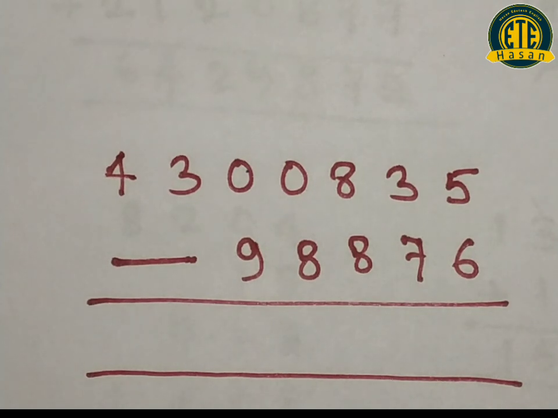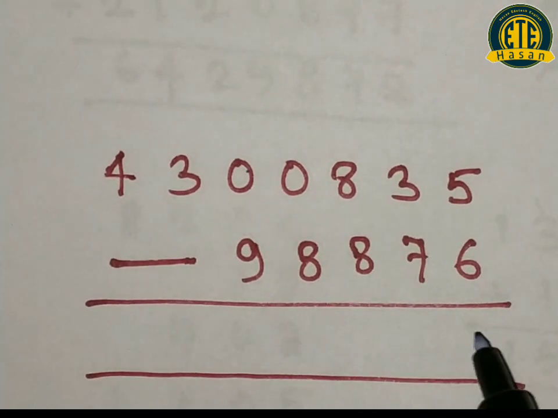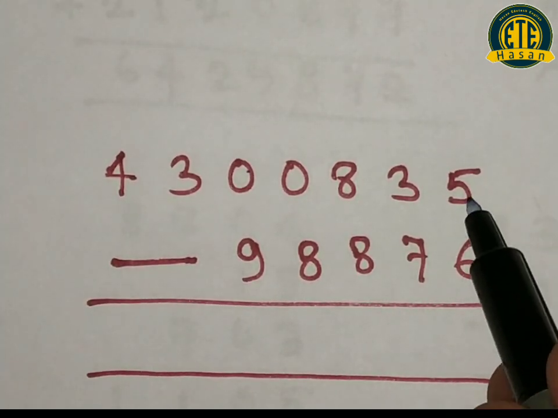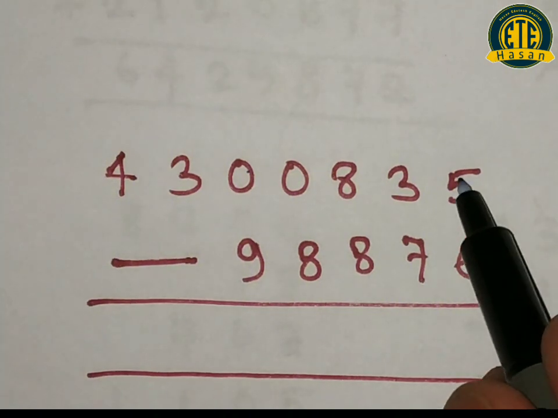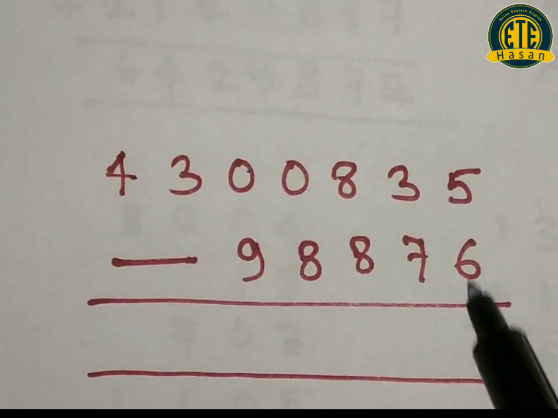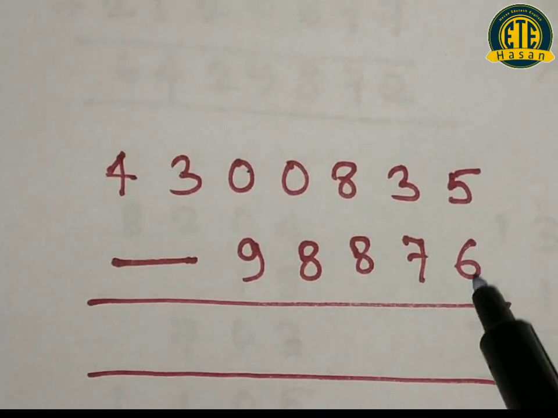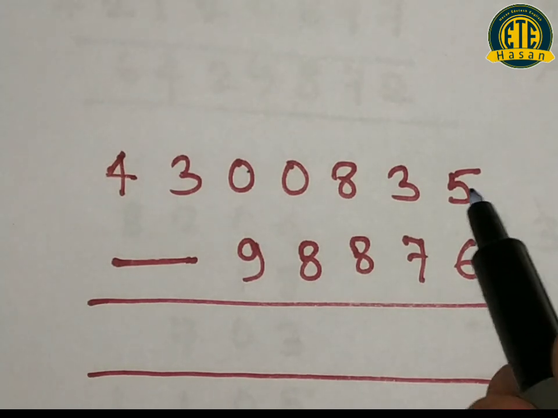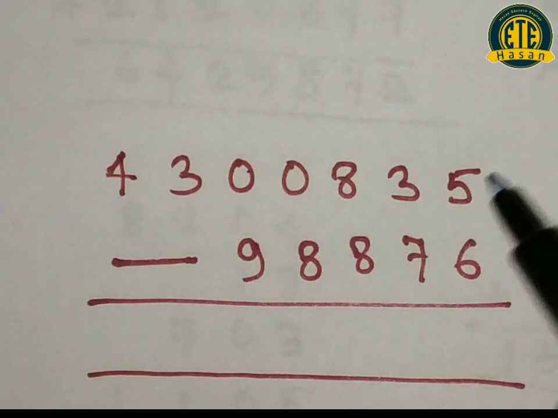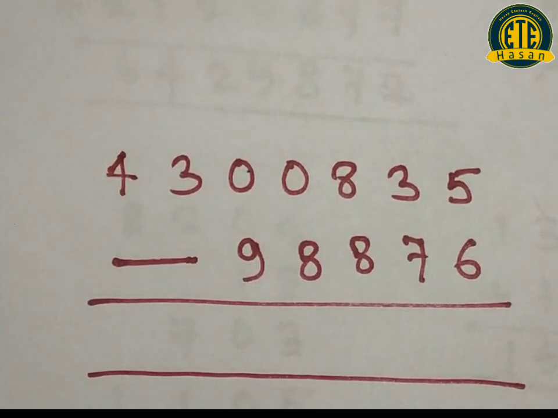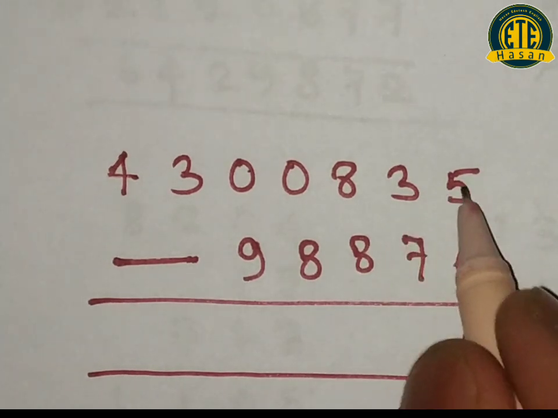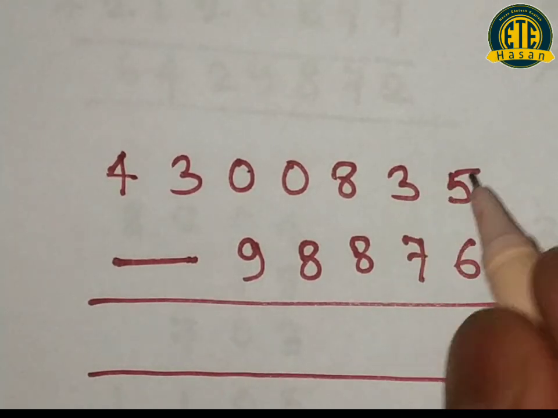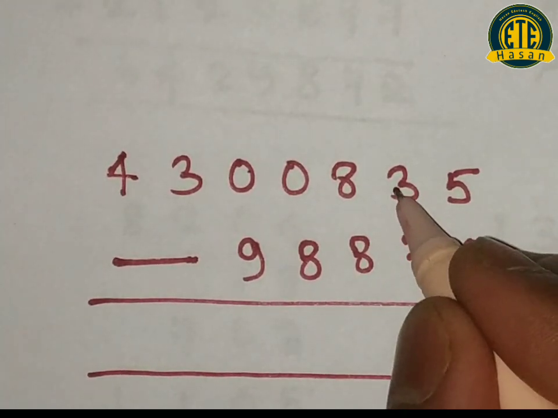Okay, let's subtract. Firstly subtract 5 from 6. Can I subtract? No, 6 is bigger than 5, so I can't subtract. So I will take a borrow from the next number, which is 3.